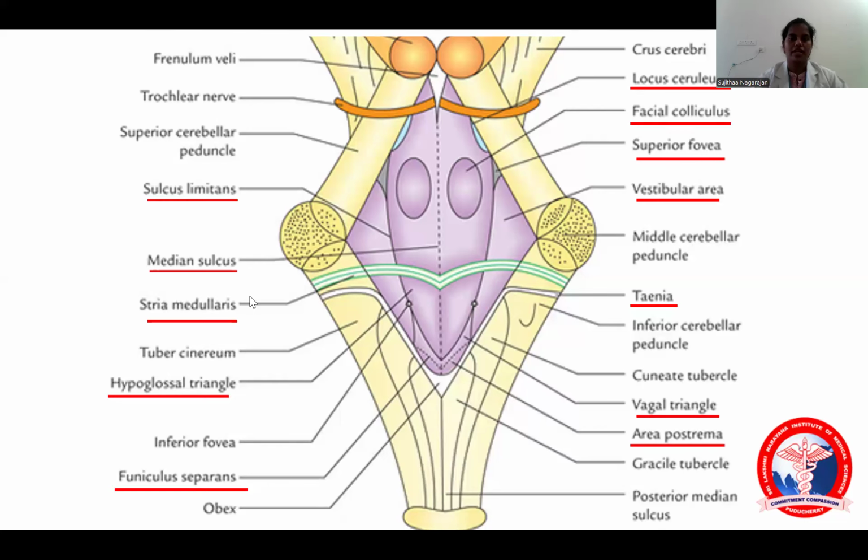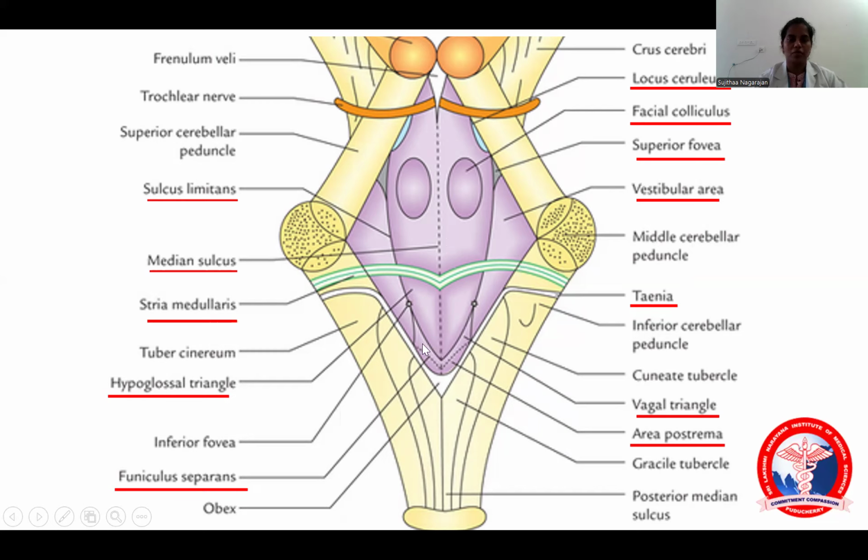Now in this picture again we shall see those features. In the center we have the median sulcus. On either side we have a longitudinal elevation called the medial elevation or medial eminence. Here we have a rounded elevation called the facial colliculus. Laterally we have a sulcus, that is the sulcus limitans. Then we have the stria medullaris separating the pons and the medulla.